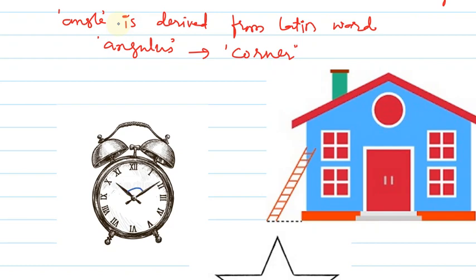And if you observe this picture here, you will see a ladder leaning on the house, right? And the angle that is formed between the ladder and base is another example where we see angles in our day-to-day life.